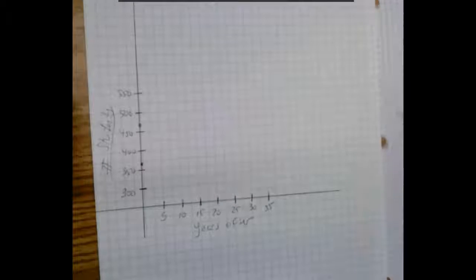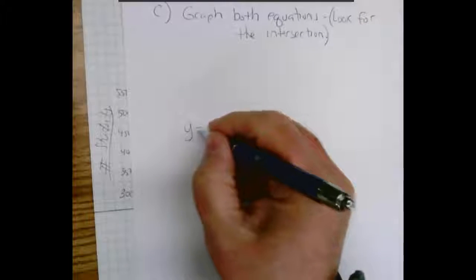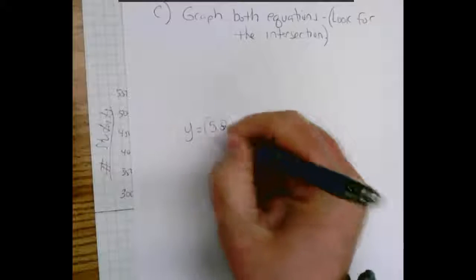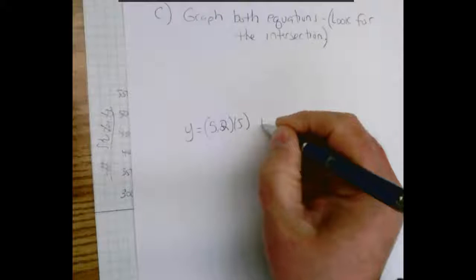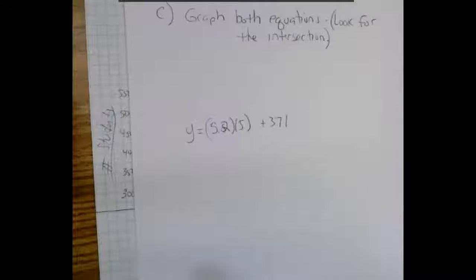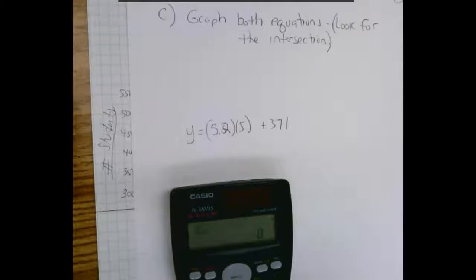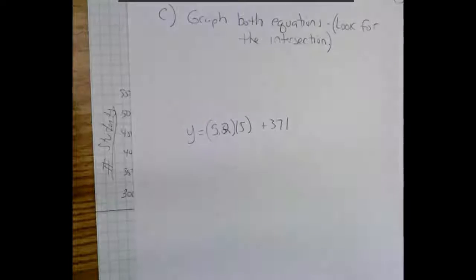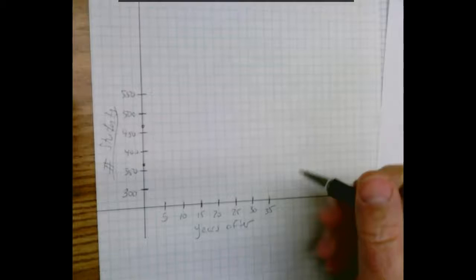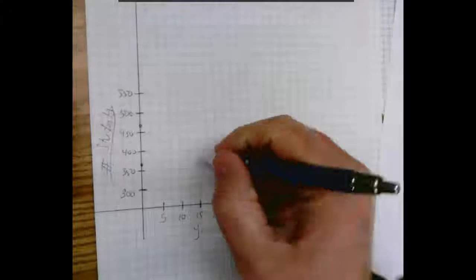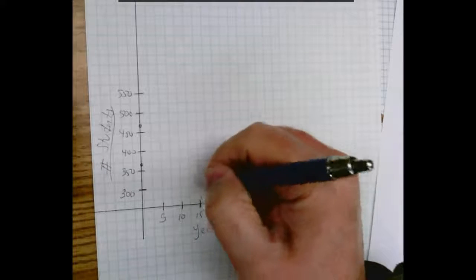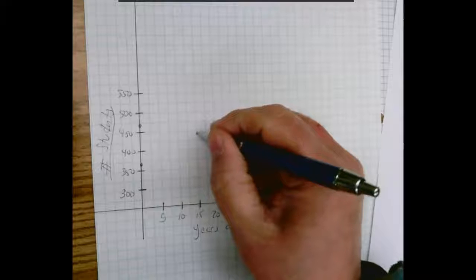So if we do the math, y equals 5.2 times 15 plus 371. It's going to give us 449 for that one. So it looks like 15. There's our 449, right about there.